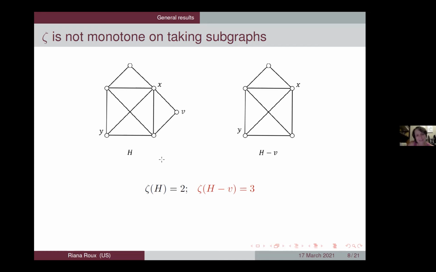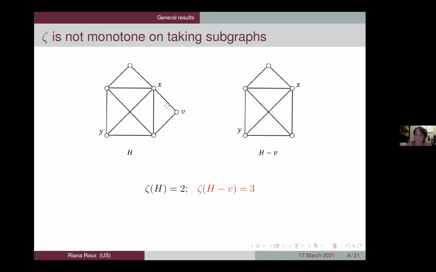The other thing that's interesting is that the localization number is not monotone on taking subgraphs. What that means is that it would feel natural that if I know the localization number of a graph and I take a subgraph of that graph and want to find the localization number, that the localization number should decrease.